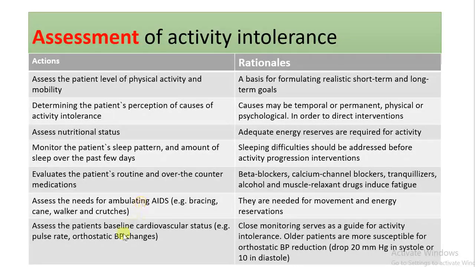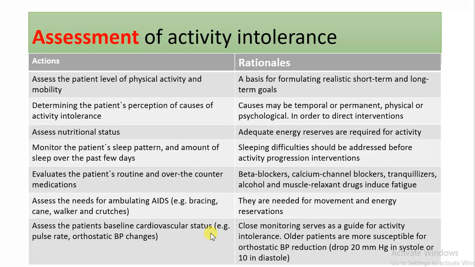Another one is to assess the patient's baseline cardiovascular status. Someone who has a low ejection fraction, less than 40%, we say heart failure. Less than 20, we say decompensated heart failure.